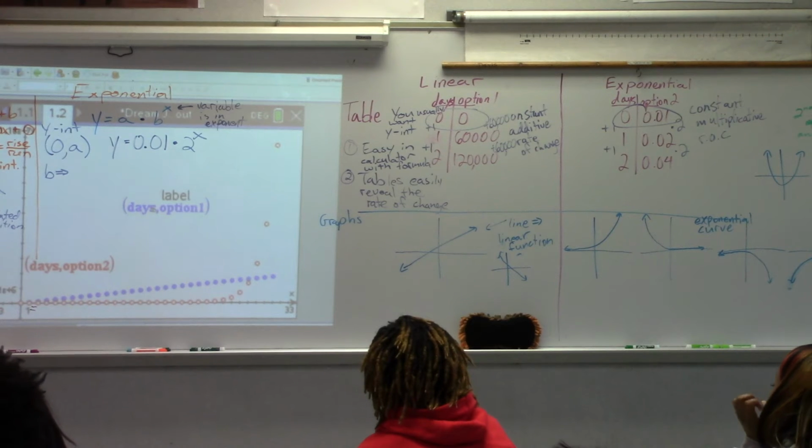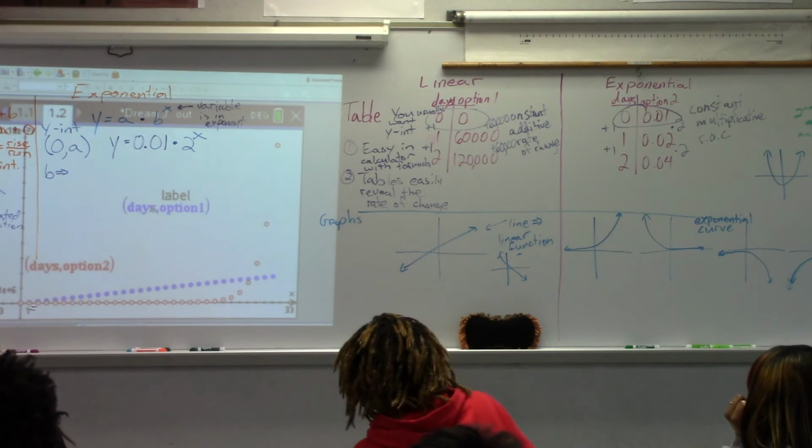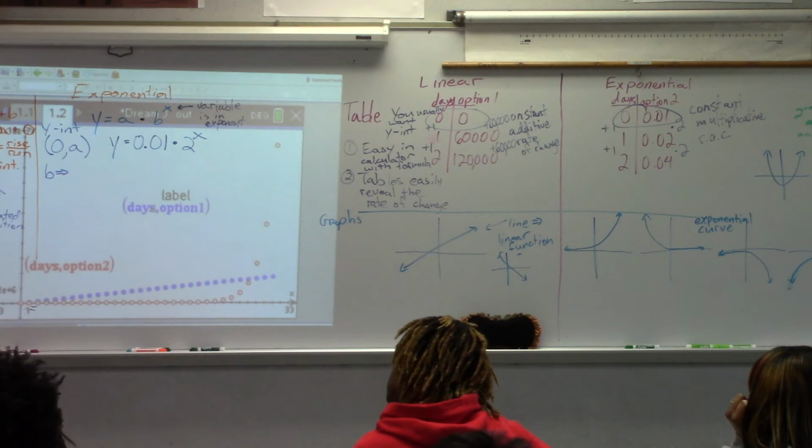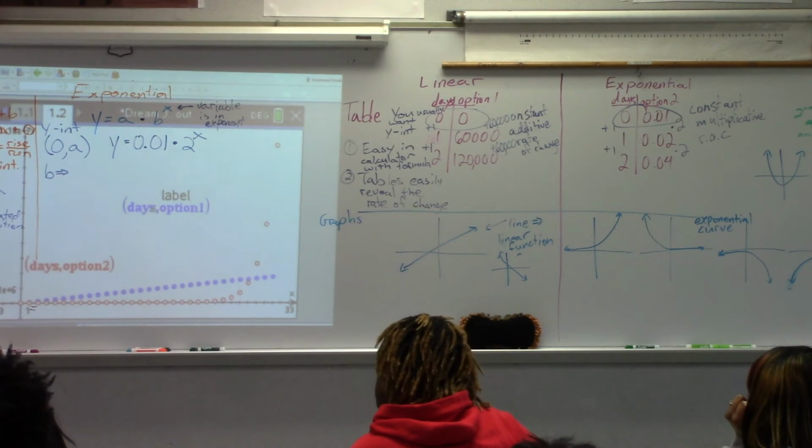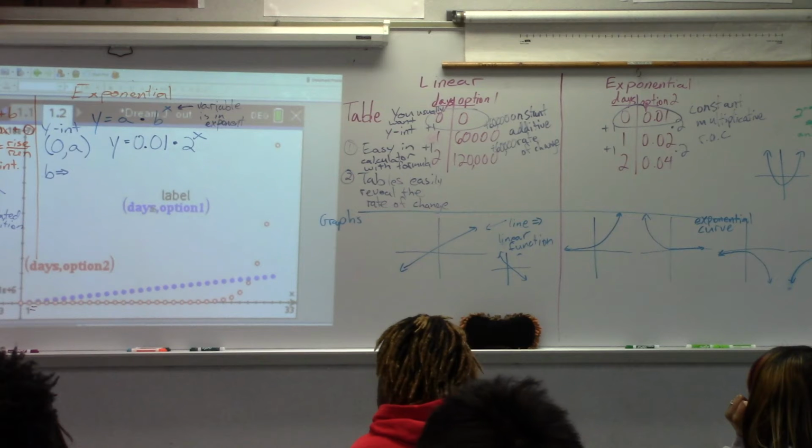So, I want to ask this really important question. What are factors of 6? 1, 2 and 3, or 1 and 6. So what are you doing with those factors? You're multiplying them.